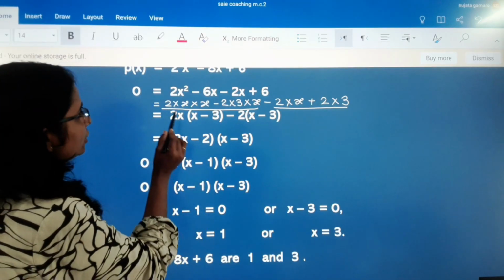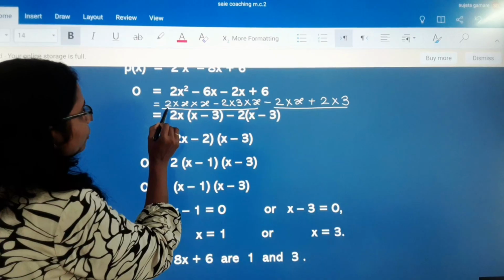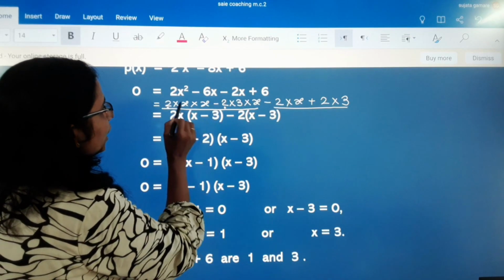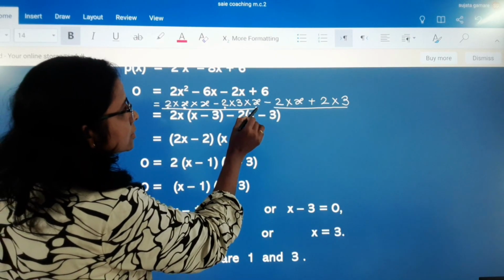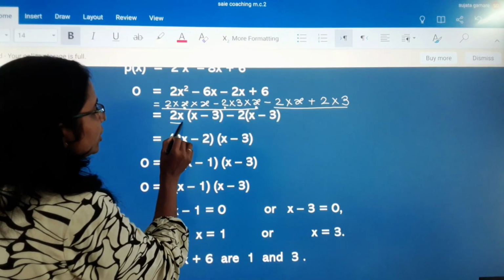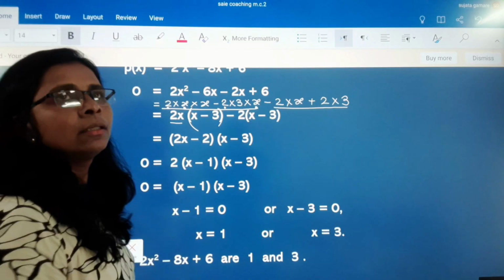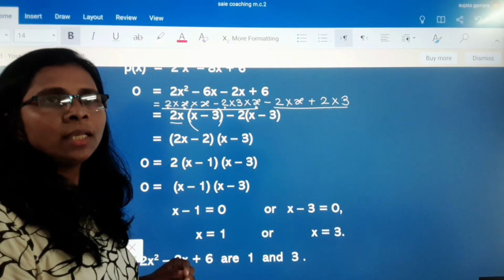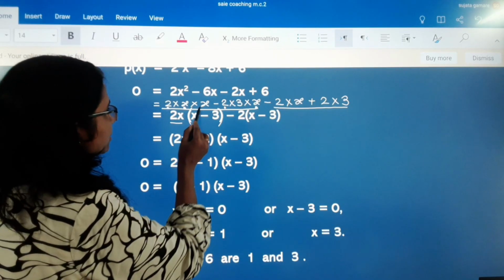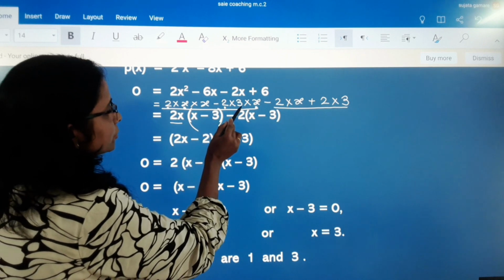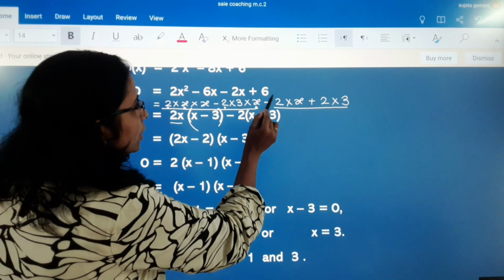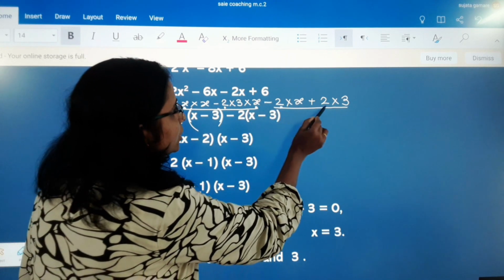So now take common out of this. Here 2, here 2, here x, here x. So 2x is common and in the bracket we write the remaining terms, that is x minus 3. Then here is 2, here is 2.